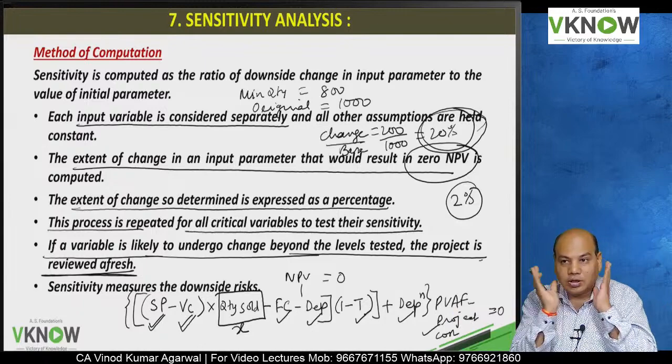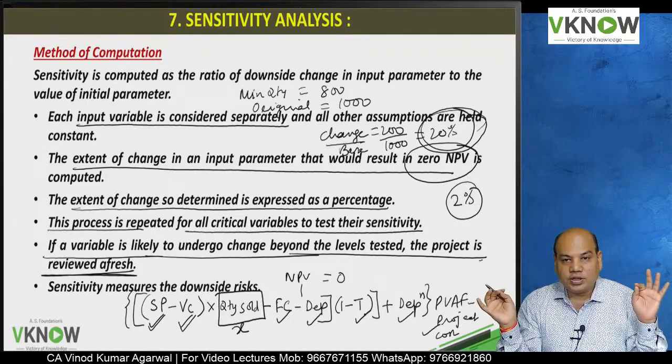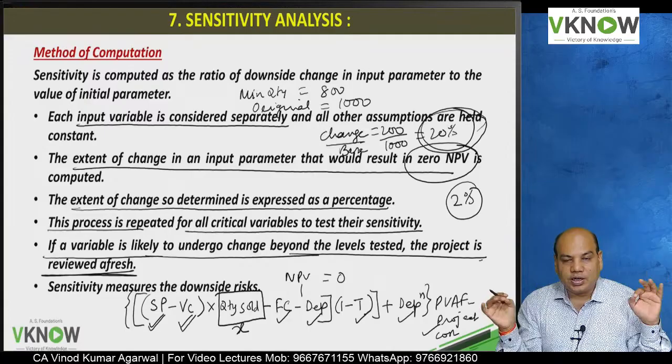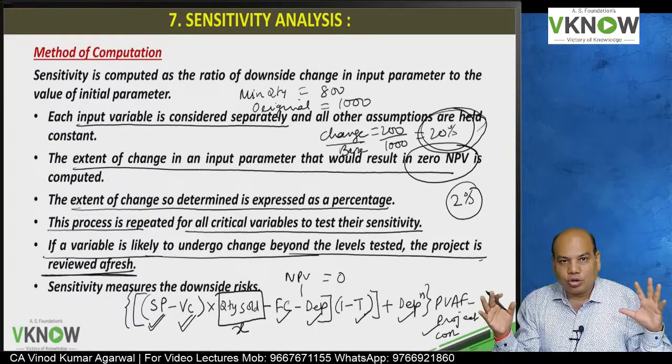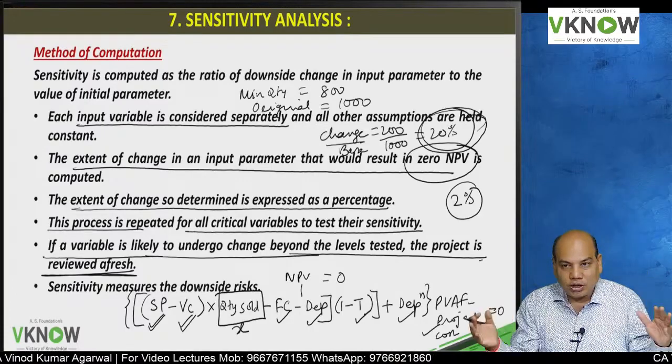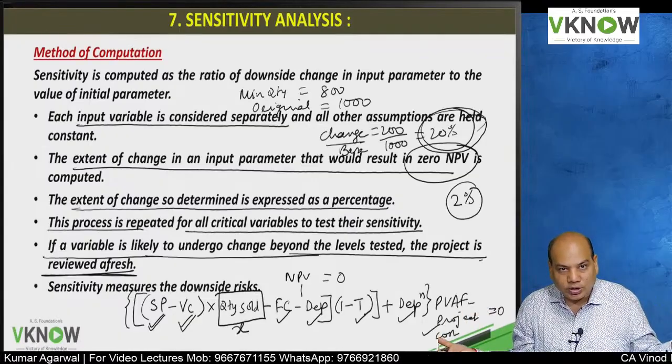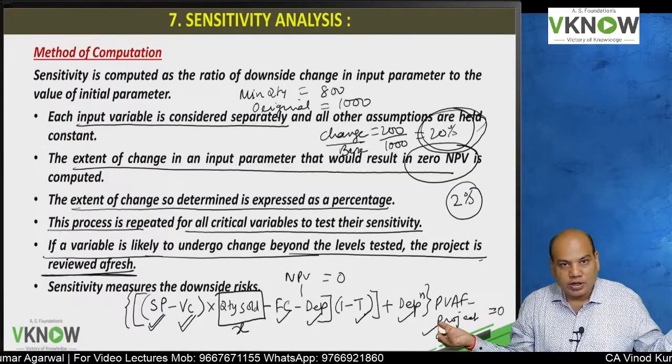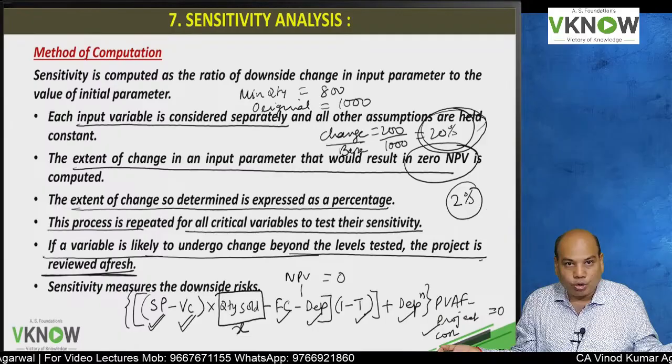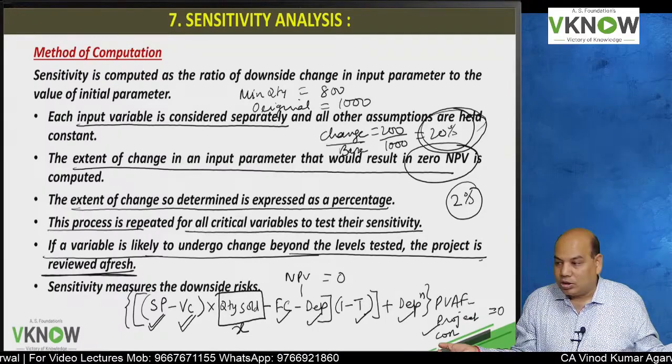Even though it is generating positive NPV right now based on 1000 quantity, if the quantity falls by just 20 units, which is very much possible in future, my project can be a loss-making project.